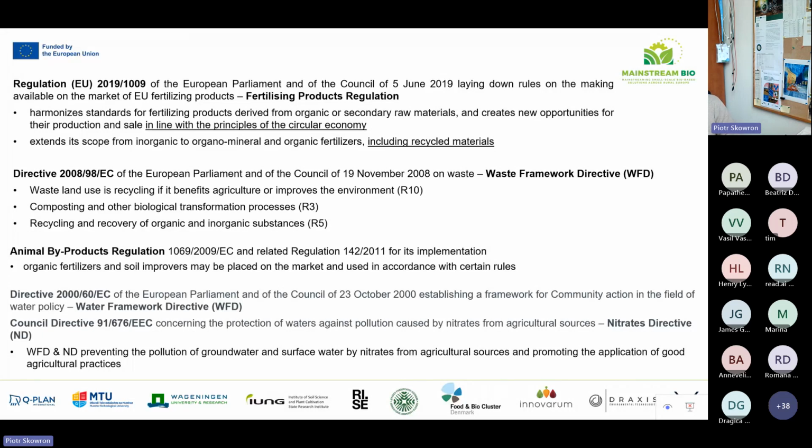In the Water Framework Directive and the Nitrates Directive, which forms an integral part of the Water Framework Directive, we can find many elements of nutrient management and prevention of groundwater pollution, which is strictly connected with recycling of nutrients.